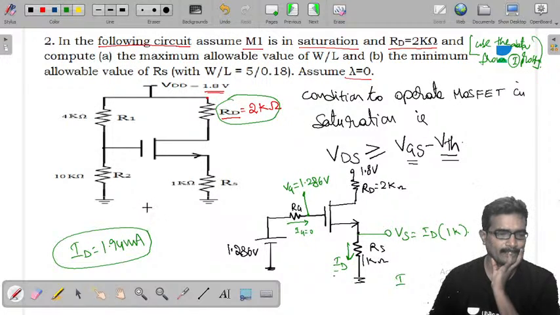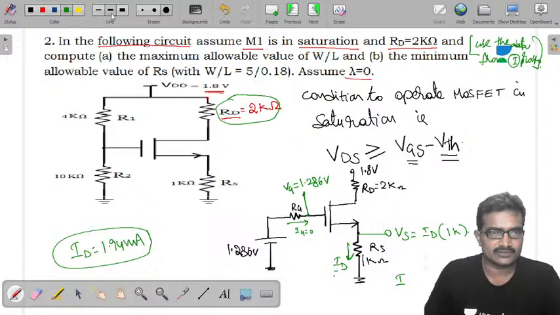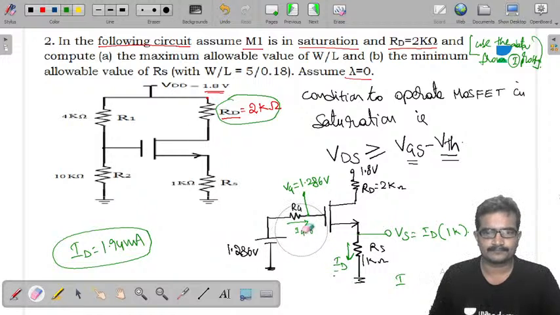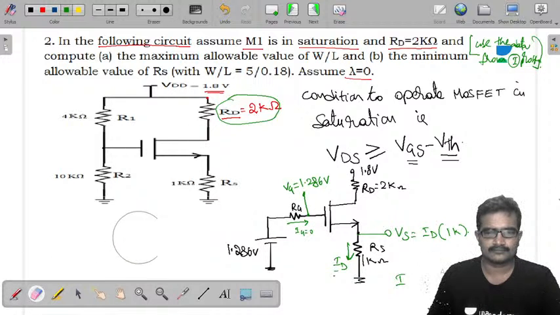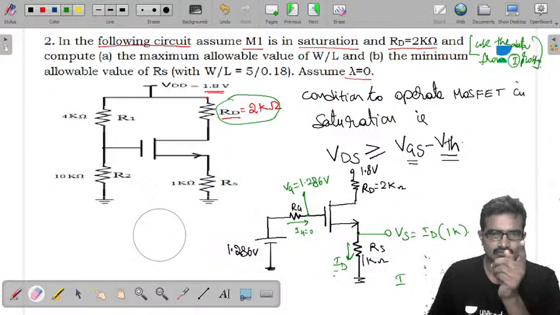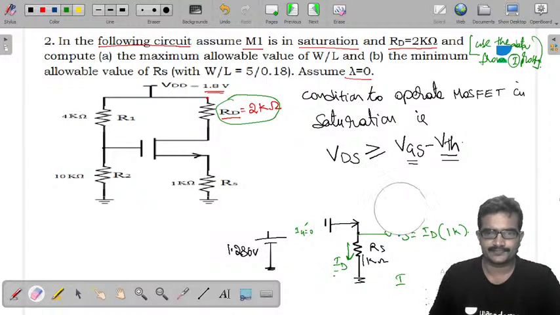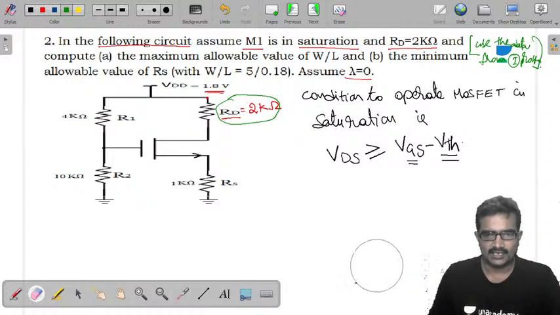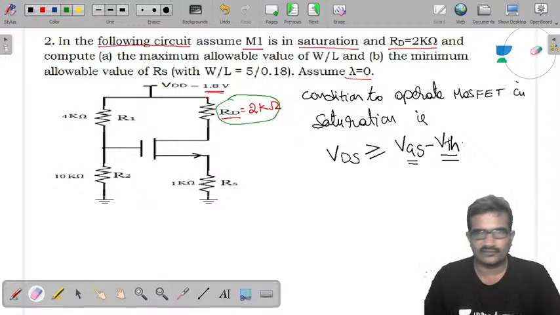Voltage at gate. I will try with this data only, just a minute. A little bit confused, we check it first.